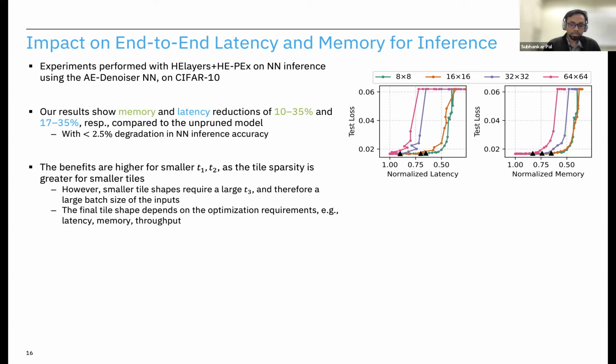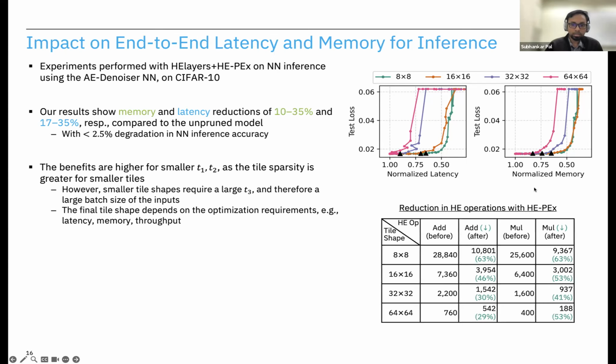Otherwise, you're just going to be wasting storage. So if you have such a large batch, you can always pick the smaller tile shapes. But ultimately, what tile shape you pick is orthogonal to our work. It is really dependent on other metrics, like whether the goal is to minimize latency, memory, or throughput, and what the batch size is, and other criteria like that.